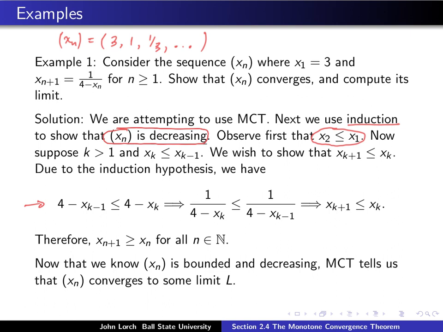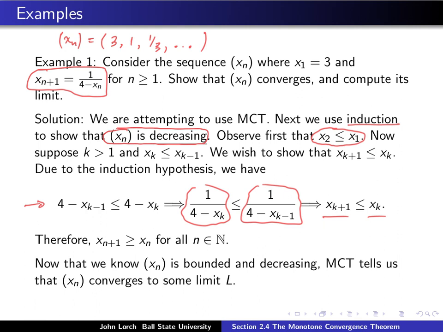So that will say 1 over 4 minus x sub k is less than or equal to 1 over 4 minus x sub k minus 1. But remember that these are just recursive formulas for x sub k plus 1 and x sub k, respectively. Remember, go back up here and look in the statement of the example at what the recursive formula is.